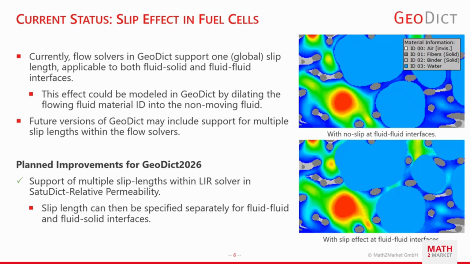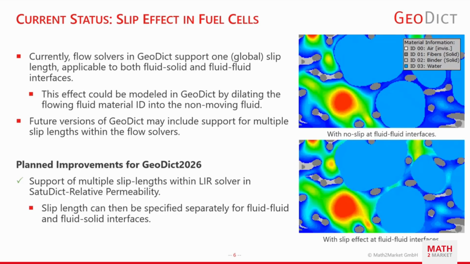This emulates slip flow behavior between air and water, but you still have no slip between air and, in this case, the fibers. So you can already emulate this boundary condition.